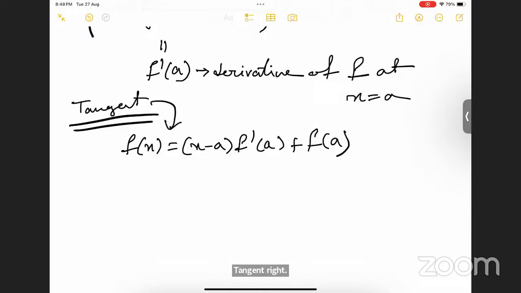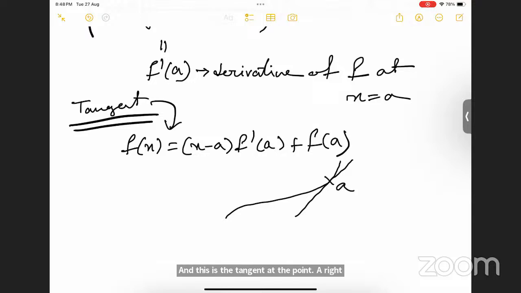So sometimes we call it the linear approximation of the function f near a, right? Suppose this is our point a and this is the tangent at the point a. Tangent meant it was just touching the curve at that point, right?